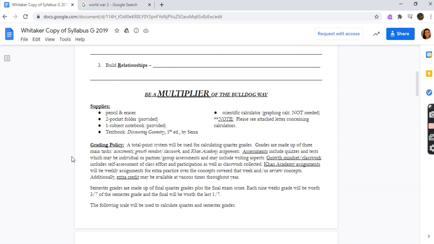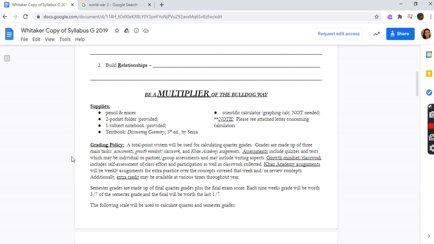Growth mindset and classwork include self-assessment of class effort and participation, as well as classwork collected. Khan Academy assignments will be weekly assignments for extra practice over the concepts covered that week or in review concepts. Additionally, extra credit may be available at various times throughout the year.